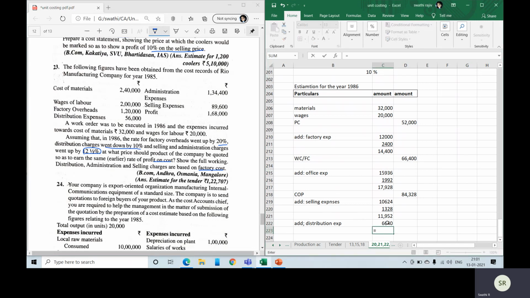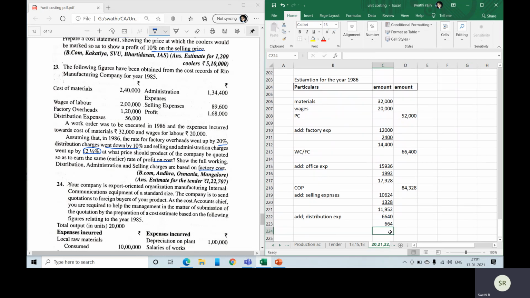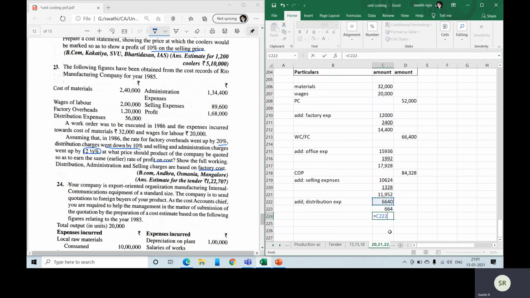So this is going to be minus 5, I have to lessen these charges. And here I am adding the 12.5% increase. The same thing I'm doing here also. Okay, so finally I will get my amount.